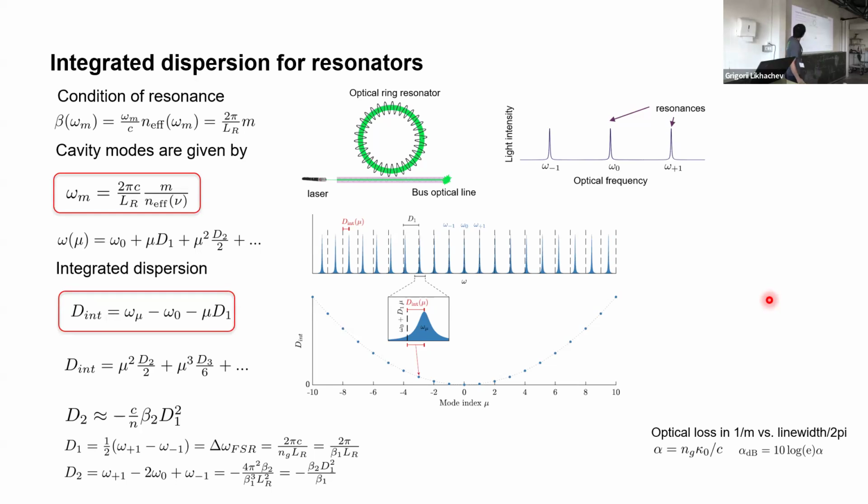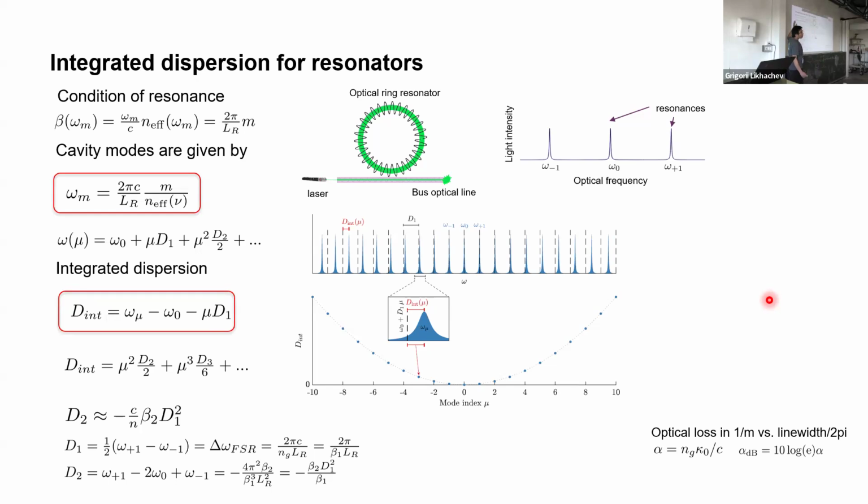First, you can easily write the condition for the resonator to form a resonance: the round trip phase of the wave propagating in the waveguide forming the resonator must be 2 pi times m, where m is an integer, right?